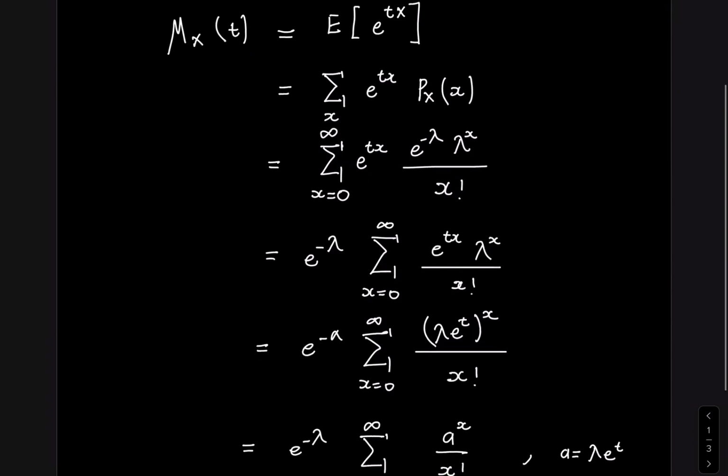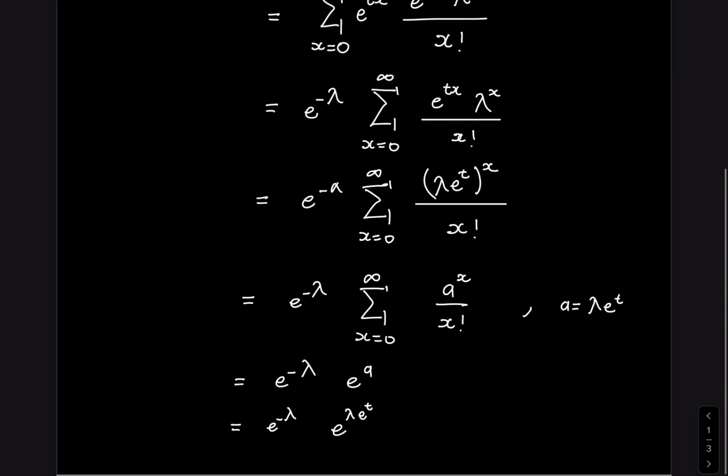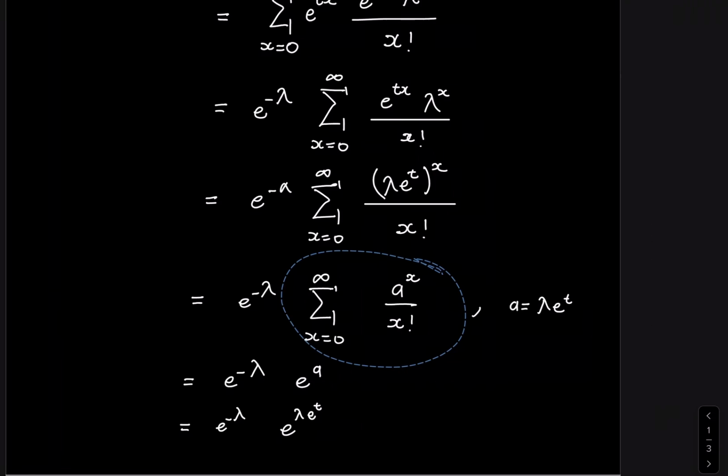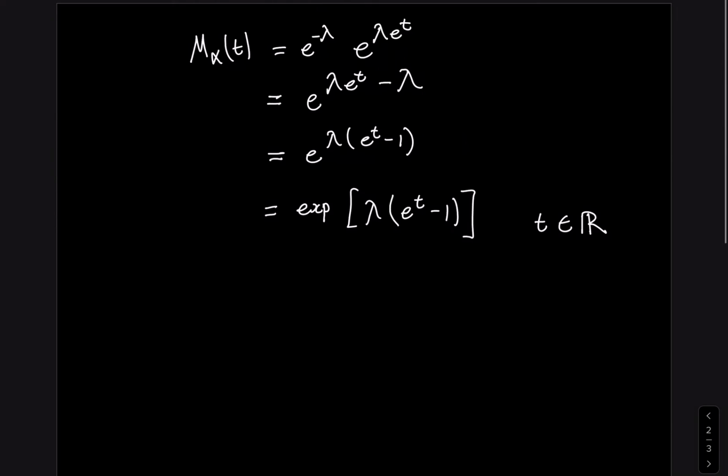In particular, we know that no matter what the value of t, this particular series will converge to the exponential function. So we don't actually have to place any restrictions on t in this instance.